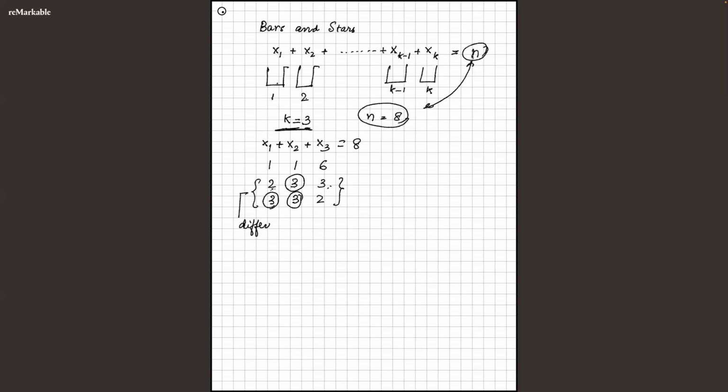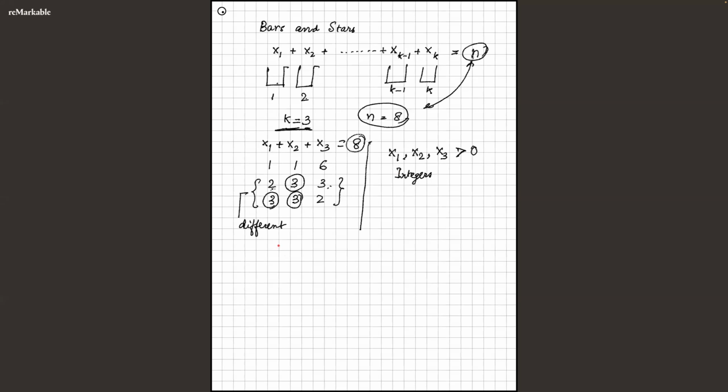Now, the question is that if we are not allowed to have 0 fruits, then we are essentially saying x1, x2, and x3 are all variables, and all greater than 0. These are integers, not fractions. And then we said that if this is the scenario, you have 8 here, and I want some help.